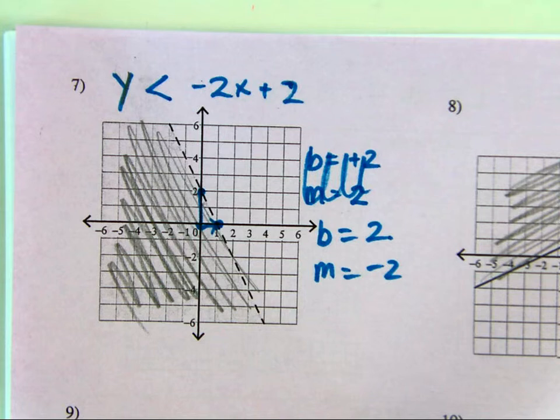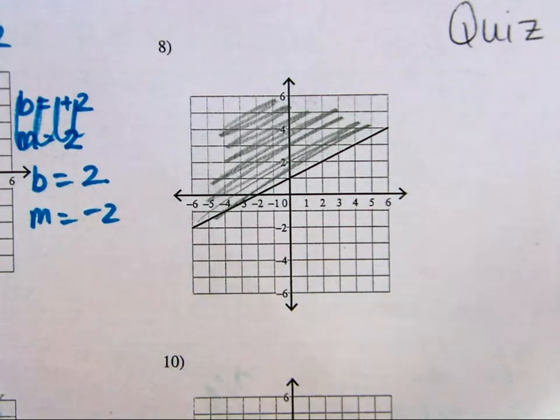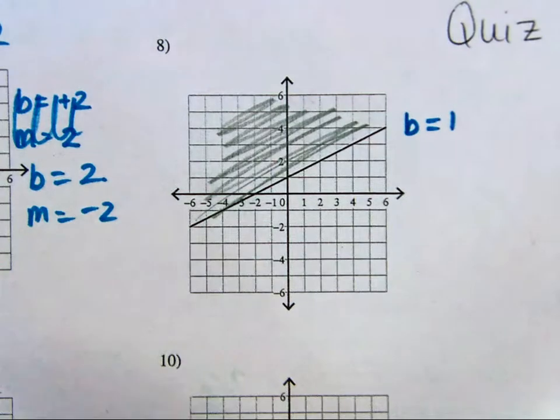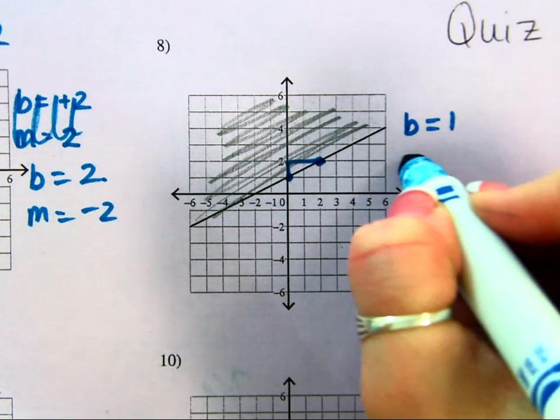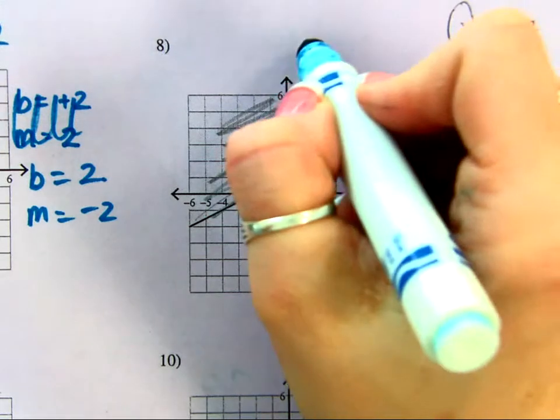Okay? Let's take a look at number 8. I am beginning at 1, and my slope is 1/2. So I have my 1/2 x. A lot of you are forgetting that x, and I'm getting close.